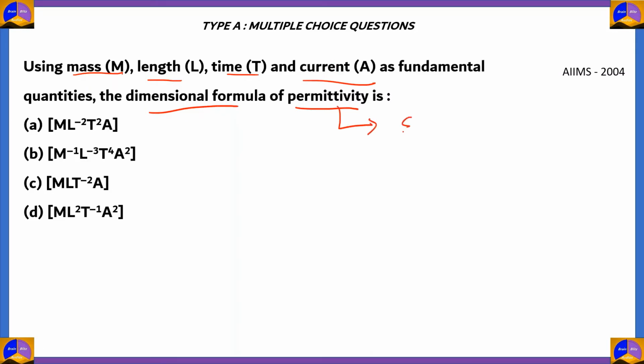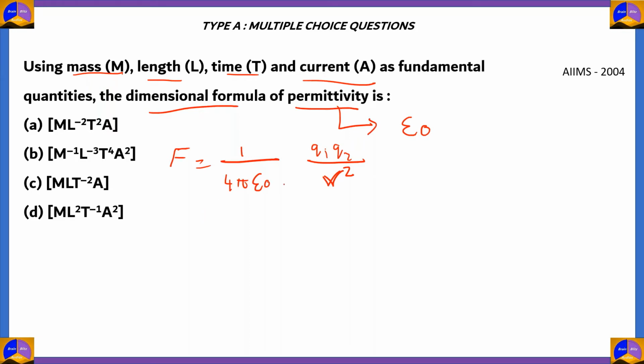Permittivity is epsilon naught, and the formula that we'll be using is the formula for electrostatic force, which is 1 by 4 pi epsilon naught Q1 Q2 divided by R square. So note that most of these formulas that we have are found in grade 12, and since you're attempting NEET after grade 12, most of these formulas will be memorized by you, so you would know which formula to use.